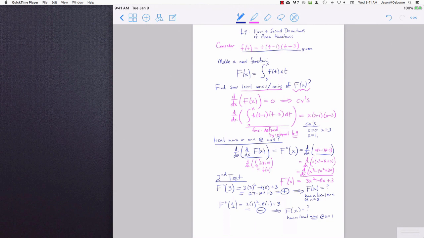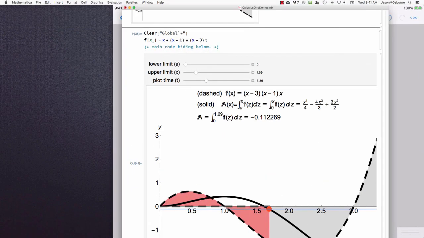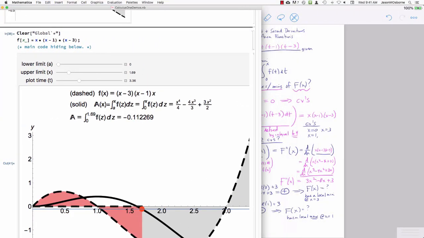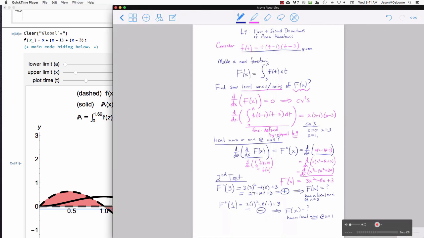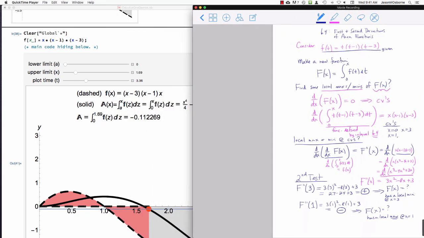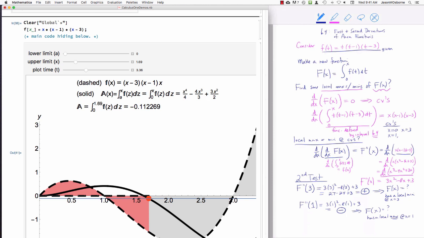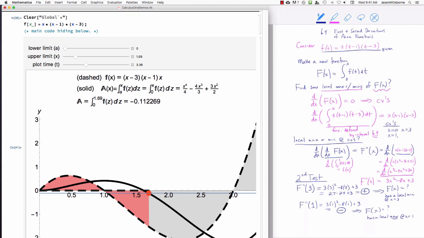Okay? So let's pull up a graph of this function, and then we can start to answer a couple questions and see if our answers are making sense. Please recall that the function we were given, capital F of x here, was an integral. That means that this function is an area function.